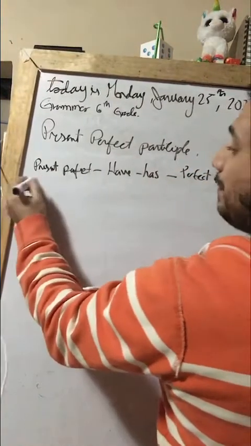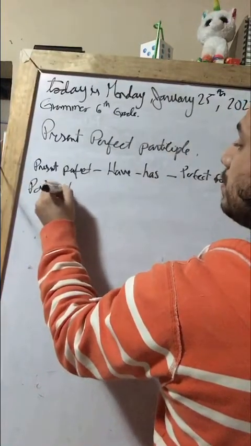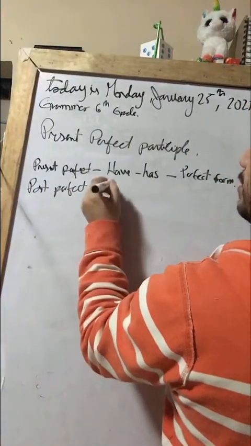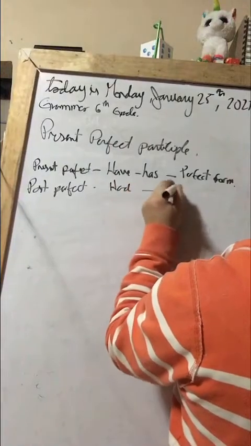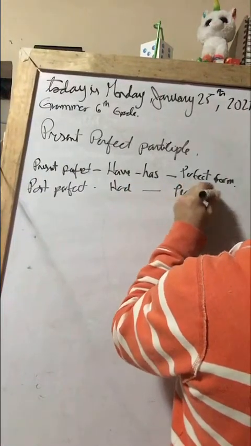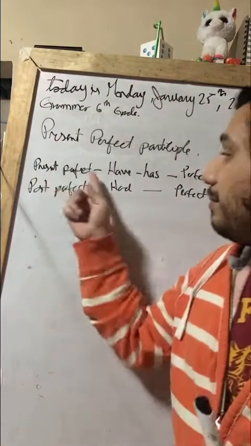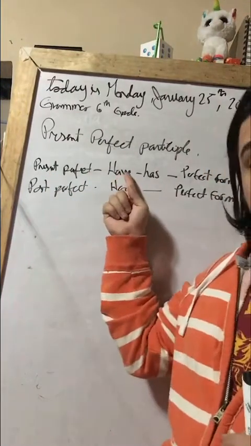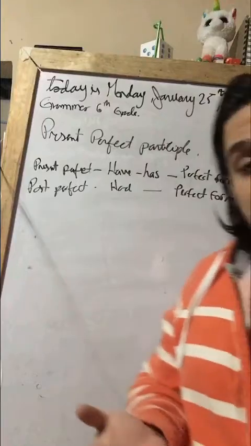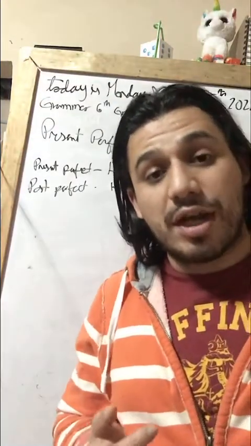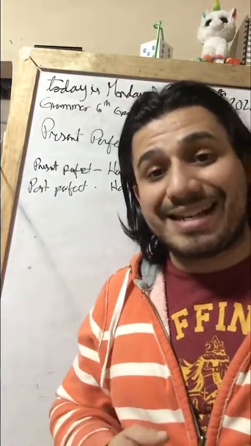Okay? For the past perfect, you have used had and the perfect form. Okay? So as you can remember, for your present perfect, the auxiliary have and has doesn't mean possession, but it means more something as an auxiliary.